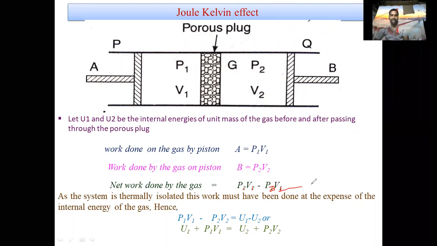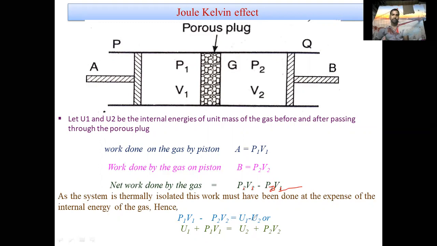It has adiabatic boundaries. There is no exchange of energy to the surroundings of the system. That's why we conclude that work is equal to change in internal energy. That is, P1 V1 minus P2 V2 is equal to U1 minus U2.